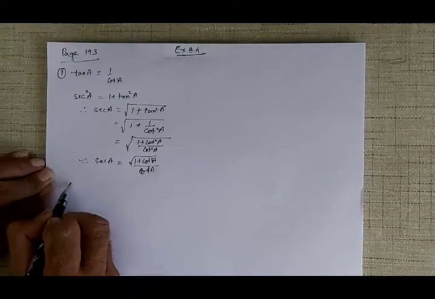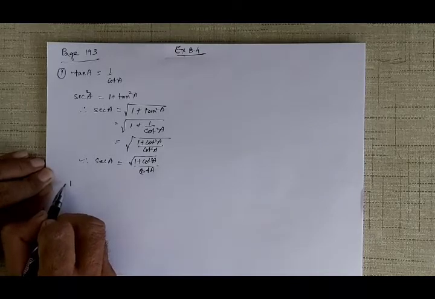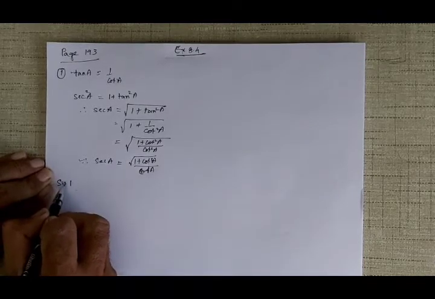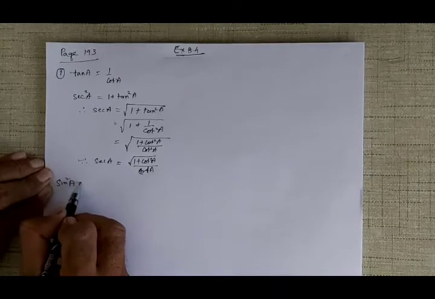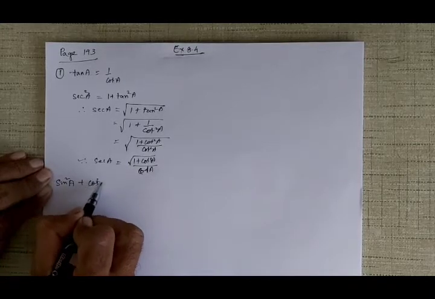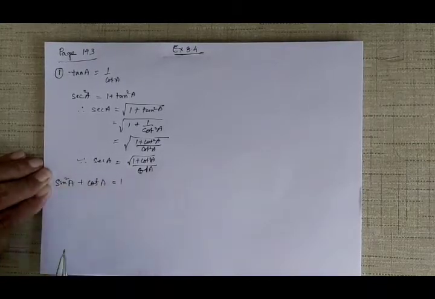Now see, sin square A plus cos square A is equal to 1.